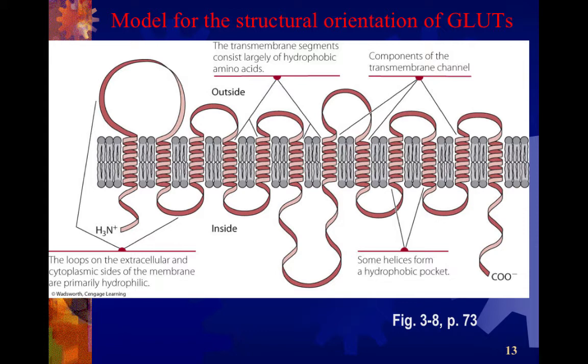In other words, there might be a group of these, either 2 or 4 of these together to allow glucose to go in and out. But each of the GLUTs is about 500 amino acids long. Okay, so that's the basic overall structure. And all cells express at least one GLUT form.